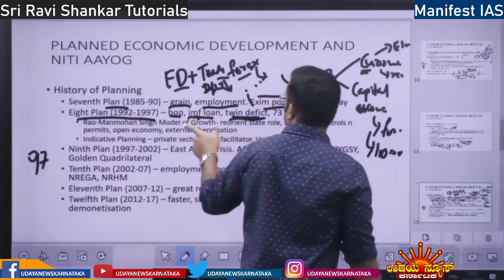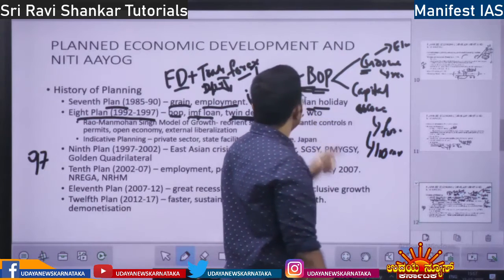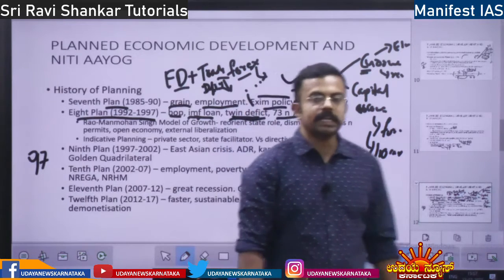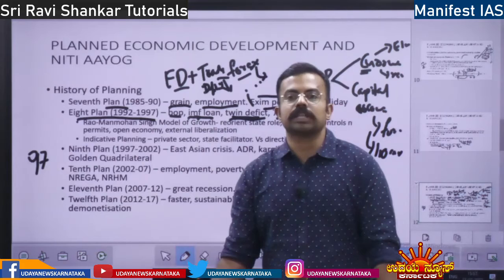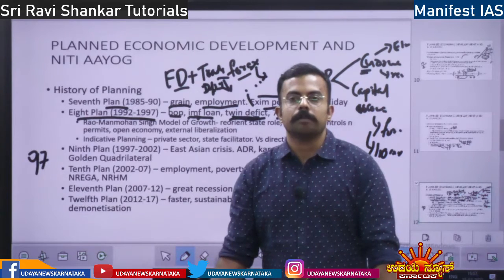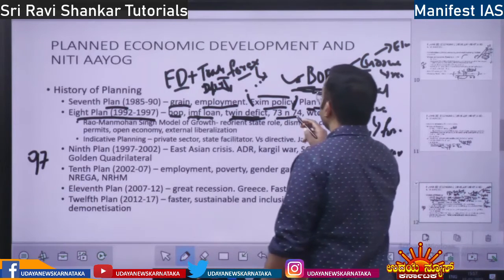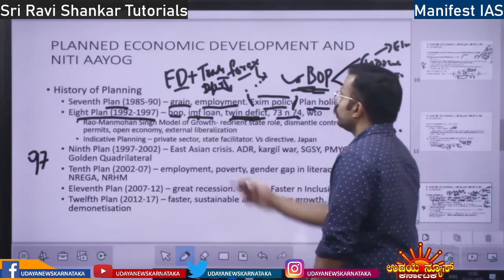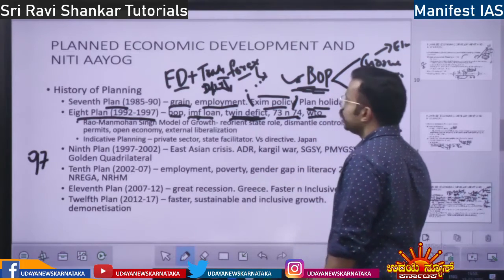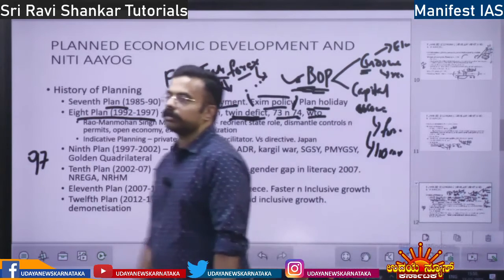Clear? So in the 8th plan, one more thing I discussed in polity, the 73rd and 74th Amendment Acts, Panchayati Raj and municipality, that will be started. Also during this plan only, the World Trade Organization gets formed.